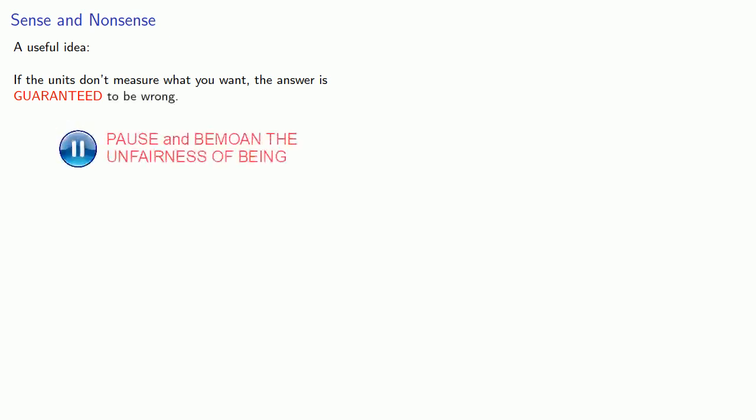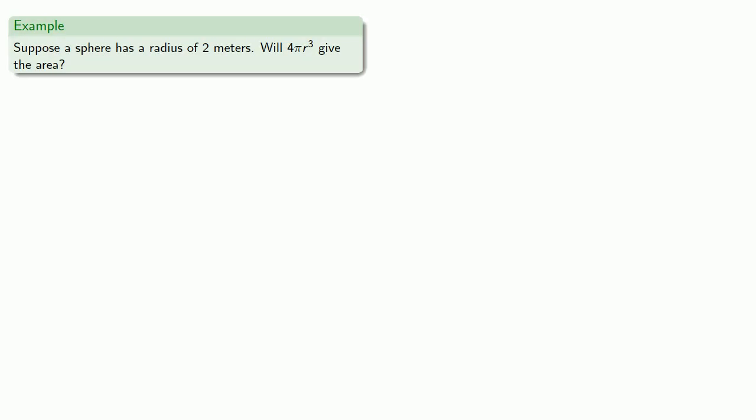So here's a very useful idea from dimensional analysis. If the units don't measure what you want, the answer is guaranteed to be wrong. And this can be very helpful if we're not entirely sure how we want to proceed on a problem. So suppose the sphere has a radius of 2 meters and we want to find the area. Well, we sort of remember that the area for a sphere has a 4 and there's a pi in there and r has to play a role, and so maybe it's 4 pi r cubed.